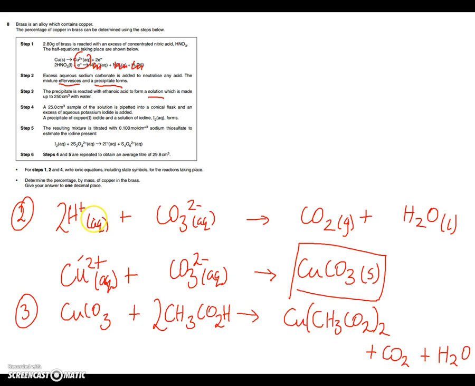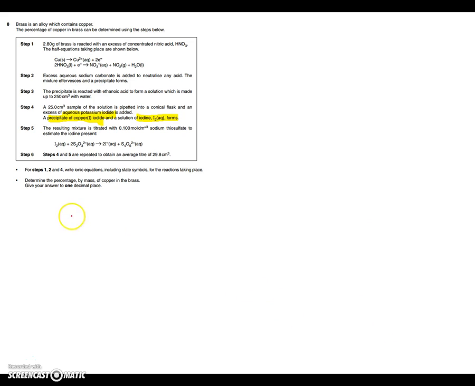So from the previous question, we know that we've got copper ethanoate in solution, so we've got copper 2+ solution, so we'll start with that. And we're adding potassium iodide into that, aqueous.